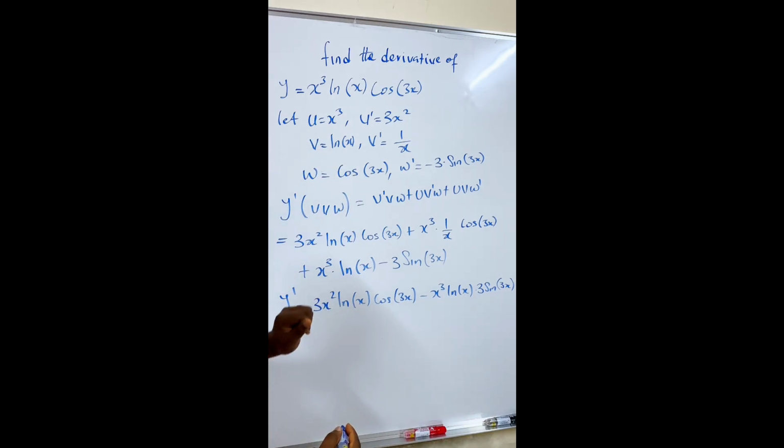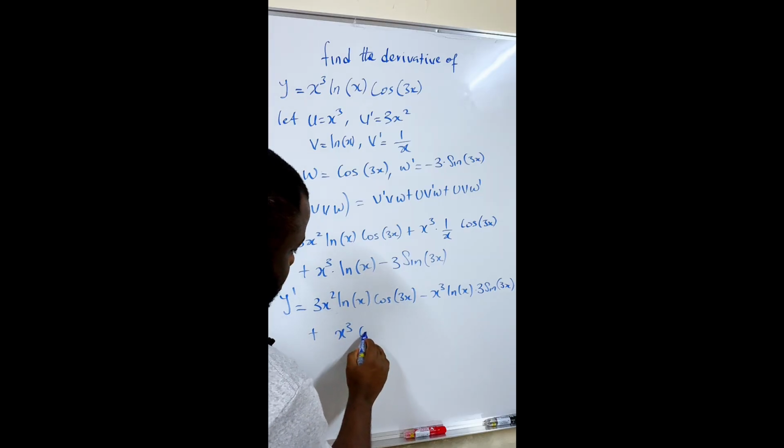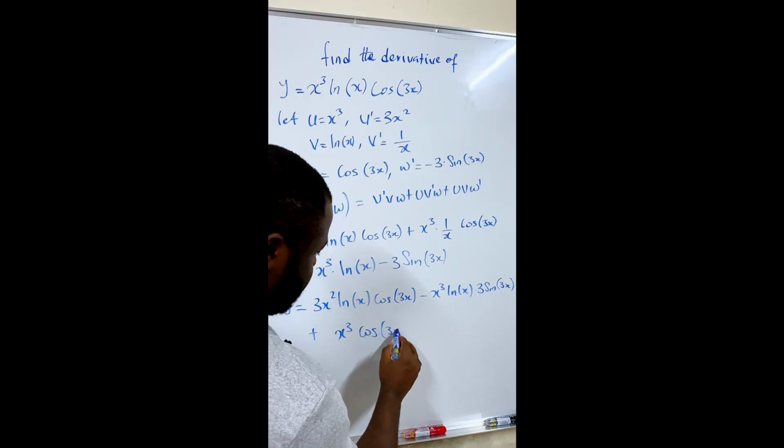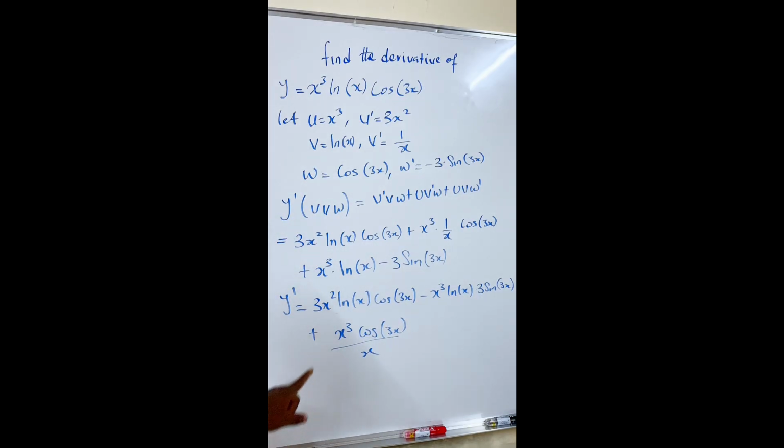Then plus x cubed cos 3x over x. All right, so we can collect like terms.